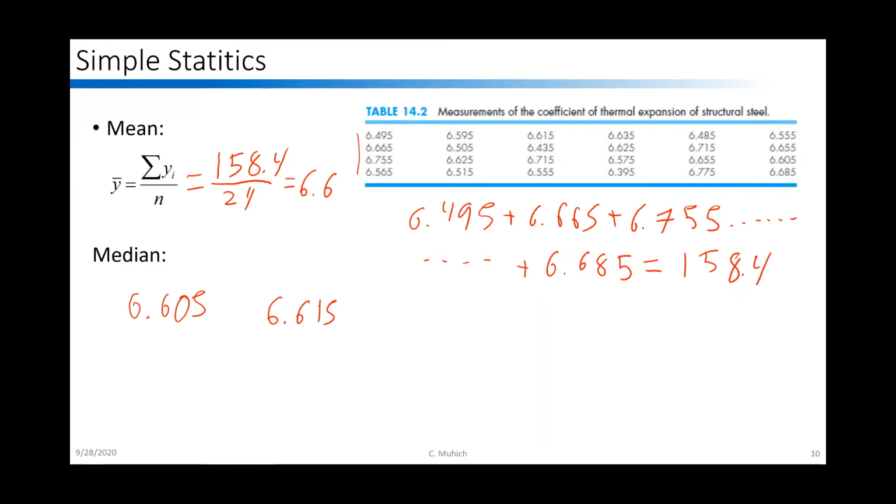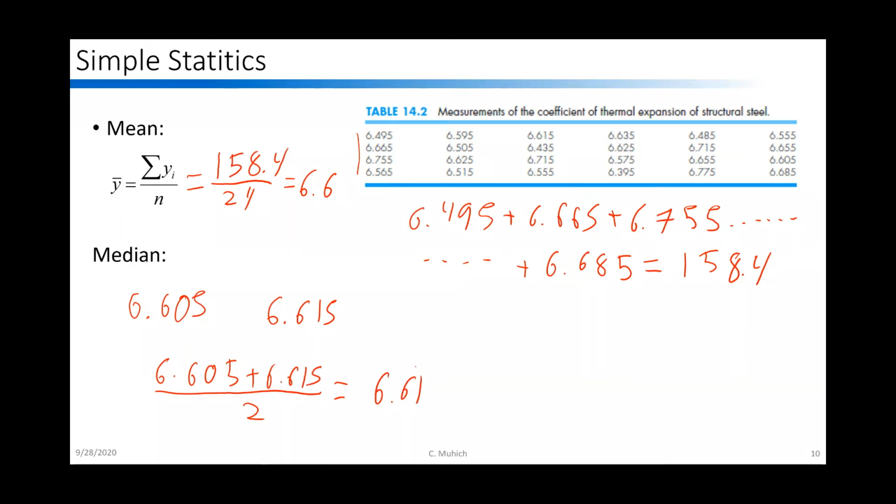So this sort of splits it in half. So for the median, what I need to do is take the average of those 2 points to find that value, and that gives me 6.61.